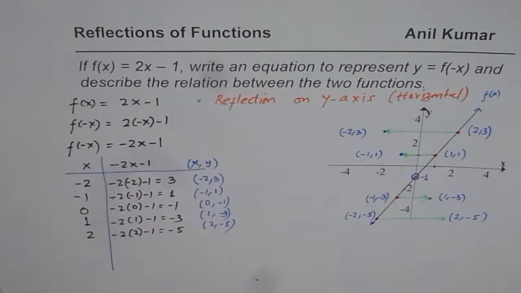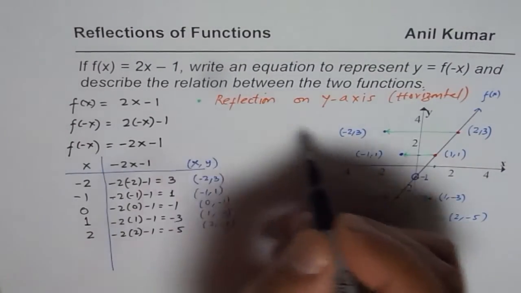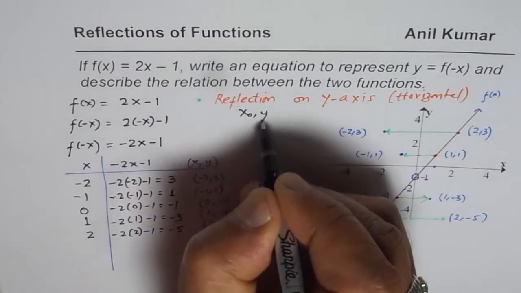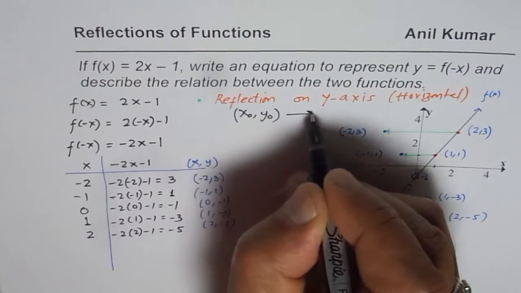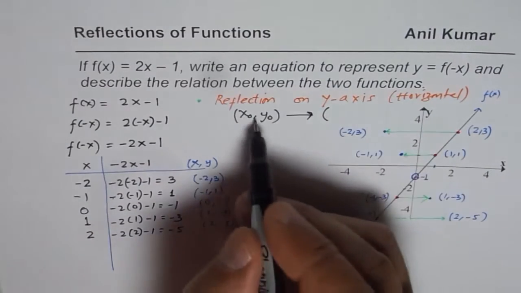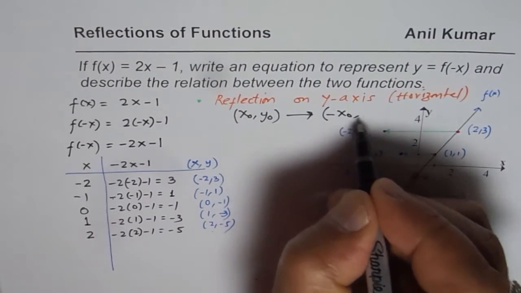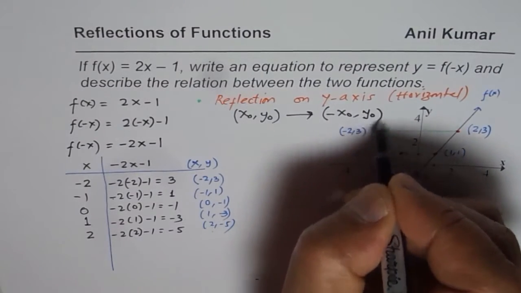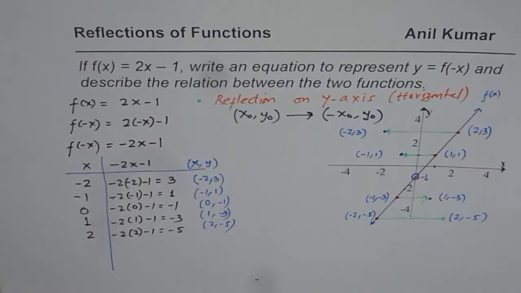Now when this reflection happens, what really happens to the coordinate points? The original points, let's say x0, y0, will now change so that x values become negative. Do you see that? Those are the new points, x, y. So that is the transformation which takes place, and this kind of transformation results in changes in the characteristics of the graph, correct?